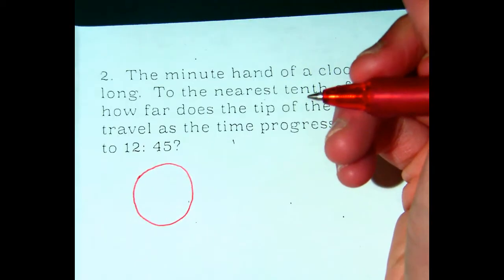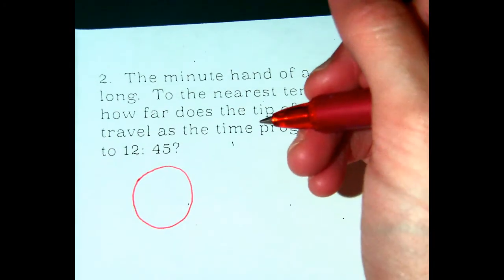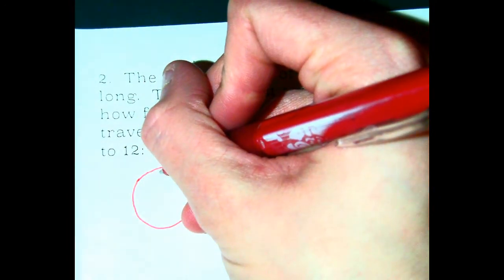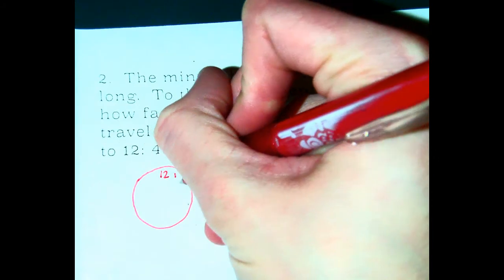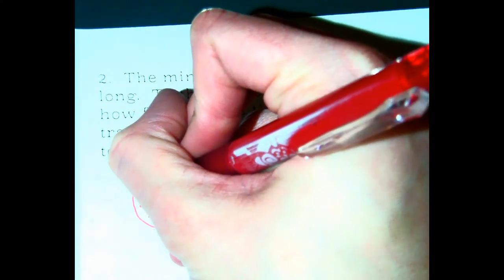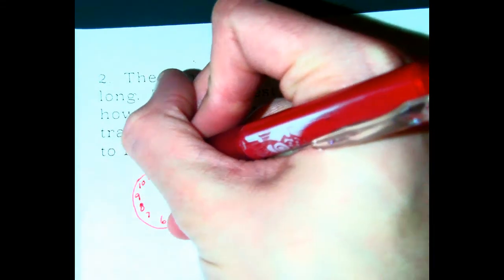If you don't know how to tell time, it's going to be a problem. I hope you do. A clock, what's at the very top of the clock? And then 1, 2, 3, 4, 5, 6, 7, 8, 9, 10, 11.